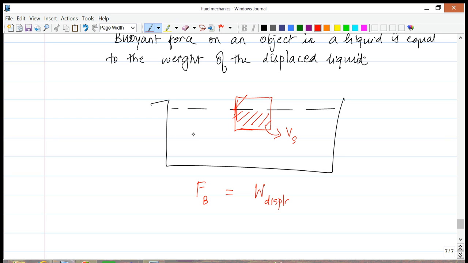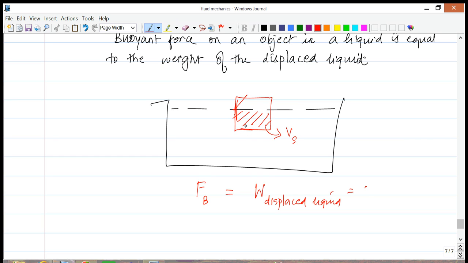Now what is weight? Weight is nothing but the mass of the displaced liquid times the acceleration due to gravity. But mass is nothing but the density of the liquid times the volume.